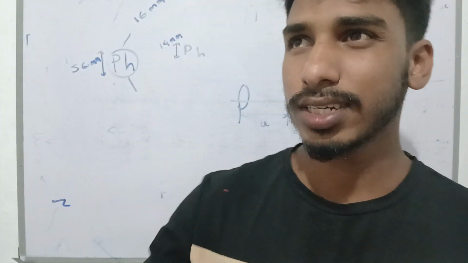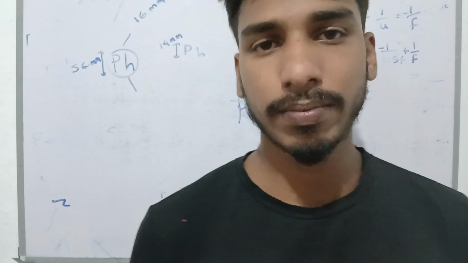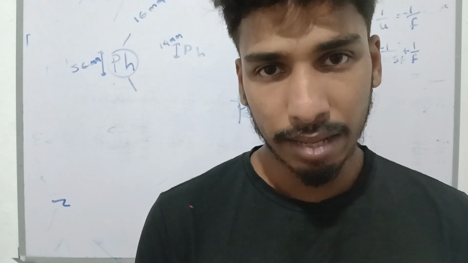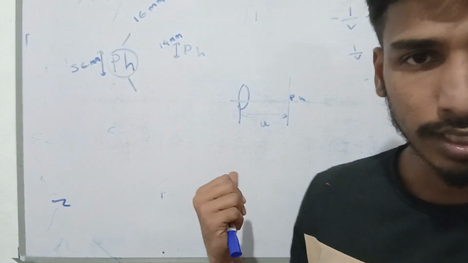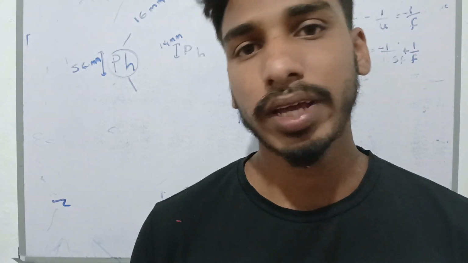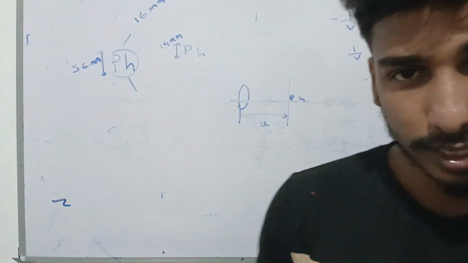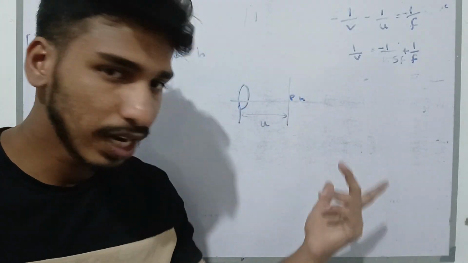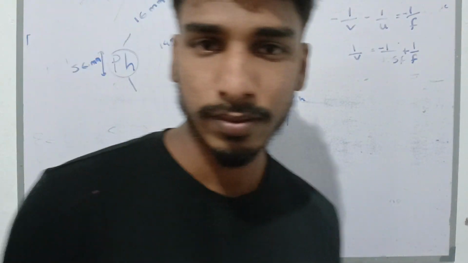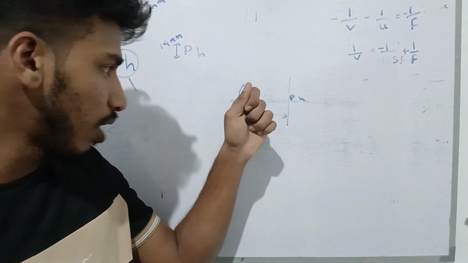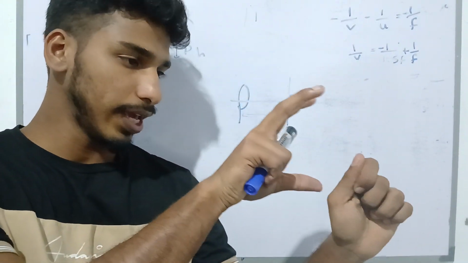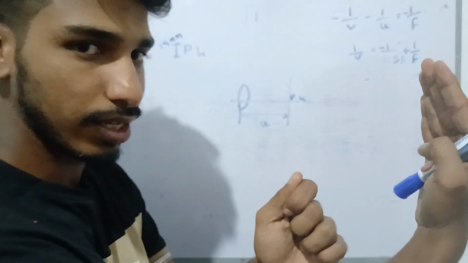Before I move to this part, you should answer me whether a real image is formed in this case or a virtual image. I think you might have learned about optical devices. If you are confused, you can just see, if I want to see the image, my sheet is here.